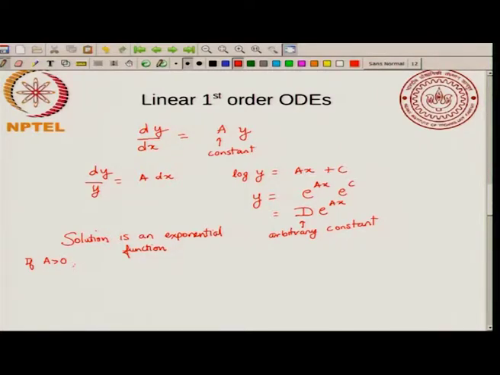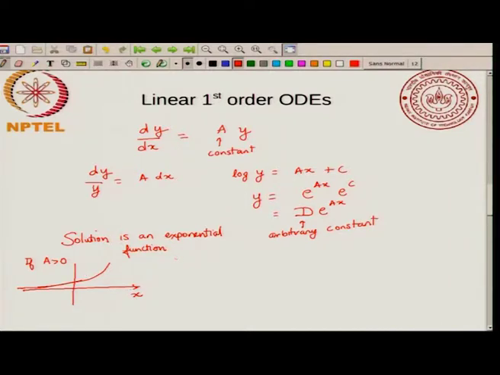So, for x greater than 0 it looks like this. Along the positive x axis it looks like this. Now, when x is less than 0, it will just come all the way to 0. So, when x goes to minus infinity it will go to 0. So, you will have some function that looks like this.